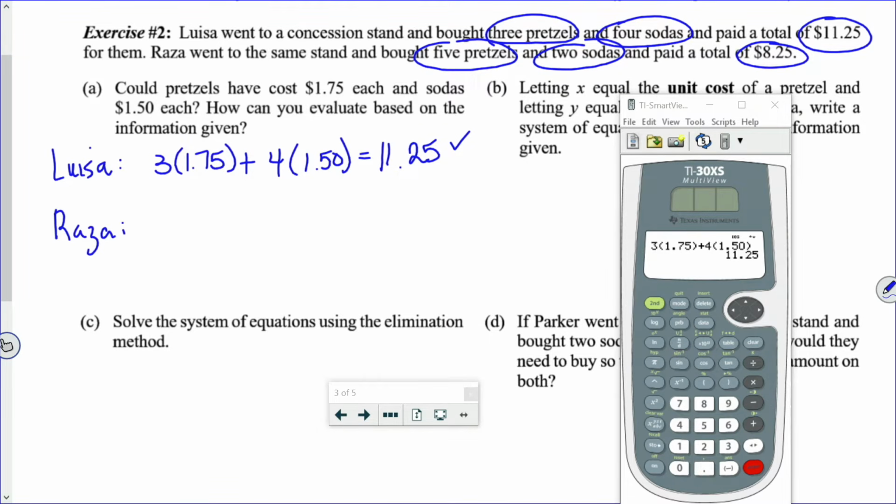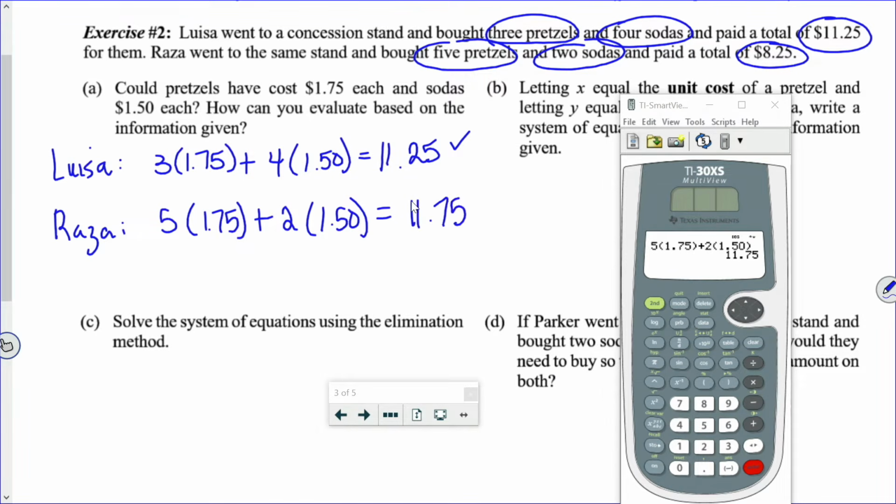So for Raza, we were told he bought 5 pretzels. Let's see if it could have been the case, 175, and 2 sodas at 150. Okay, so let me just clear that out. Let's see if that also works out. 5 times 175 plus 2 times 150 equals 1175.